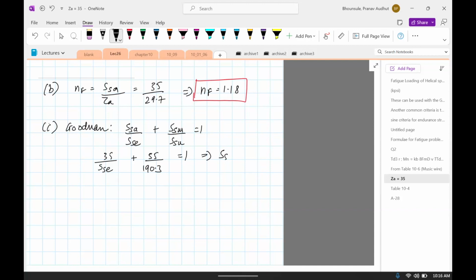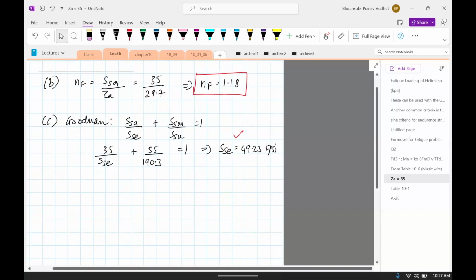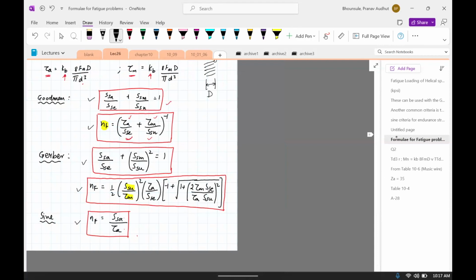This gives me SSE equals 49.23 kpsi. So one step, we're very close. The formula from here for NF, just copy this.